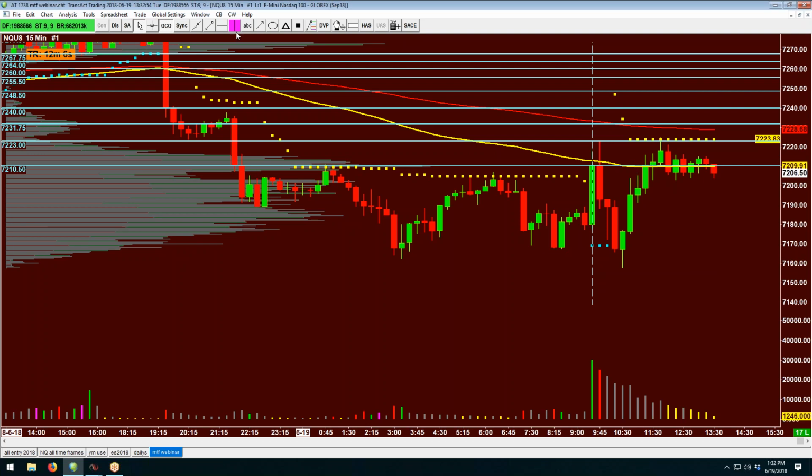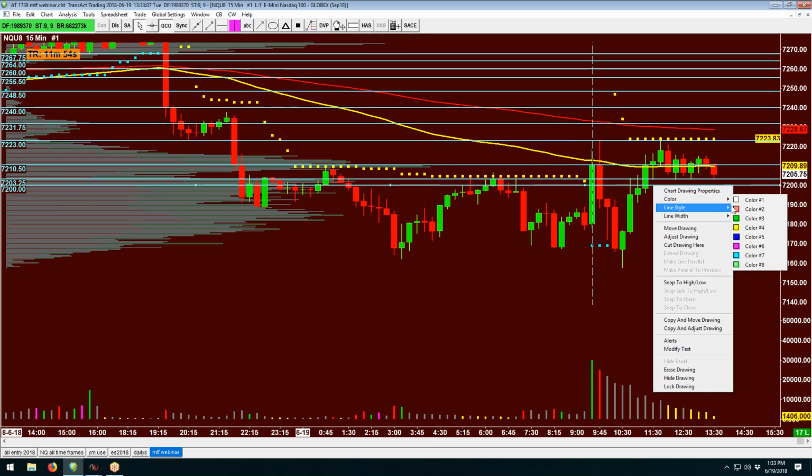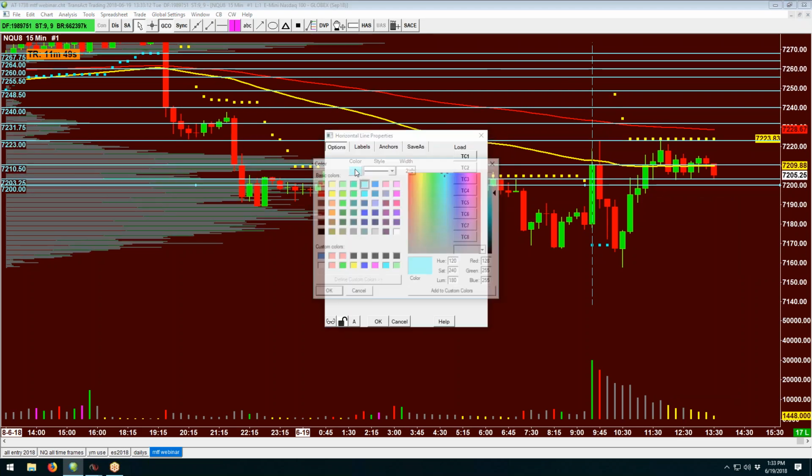So as I'm going along here, I'm just going to mark some of these. Now generally when I have a round number area on the NQ, so here's 7,200, I mark an area of resistance just above and just below.